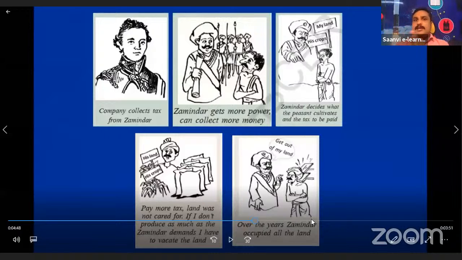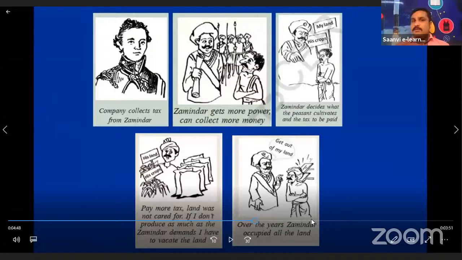They are the mediator between the people and the authority or the government. Their role is to collect tax from the people, and later we have seen the Britishers' entry and the permanent settlement. In the permanent settlement also, Britishers appointed some of the zamindars in the society, and the tax was fixed based on auction. Okay, auction.